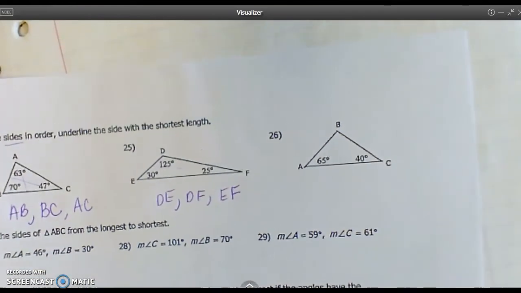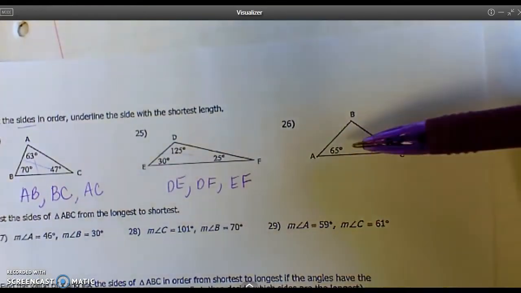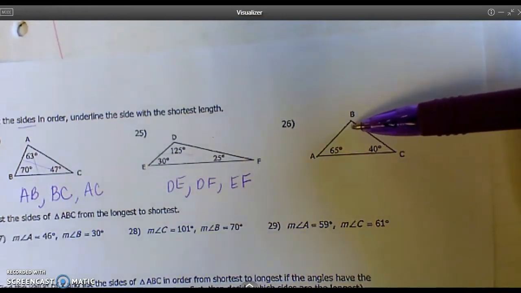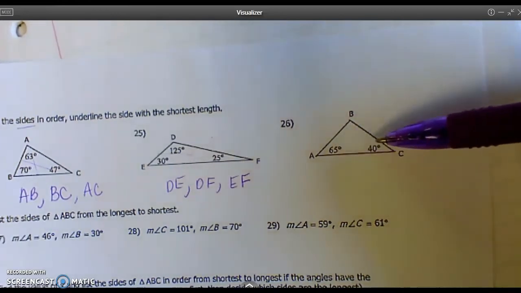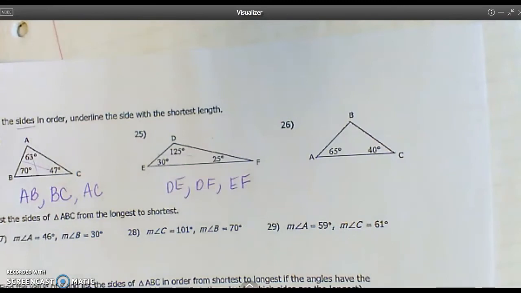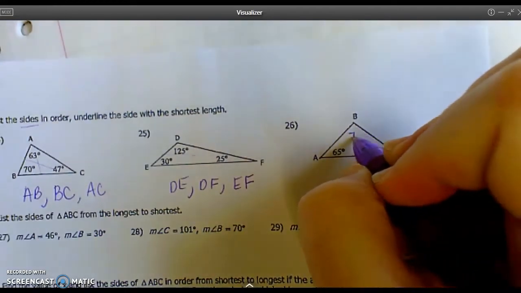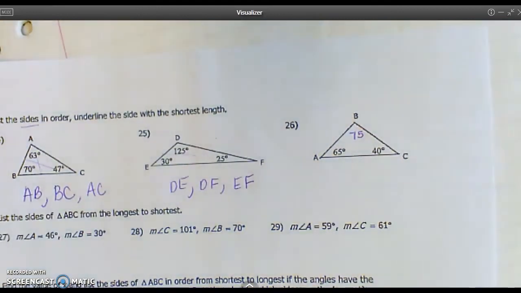Alright, 26, in order to do this problem, we have to be able to find that third side. So we're going to add 65 and 40 together, and then you're going to subtract that from 180 like you did last week. So 65 and 40 is 105, and if you subtract 105 from 180, you'll get 75 for that other angle.